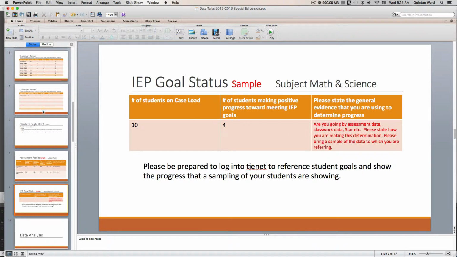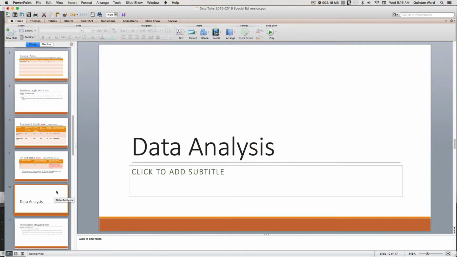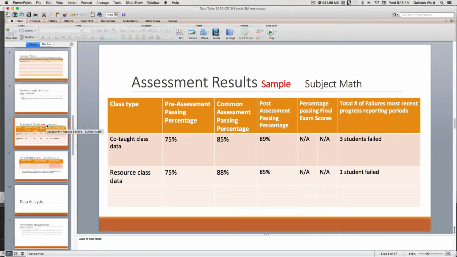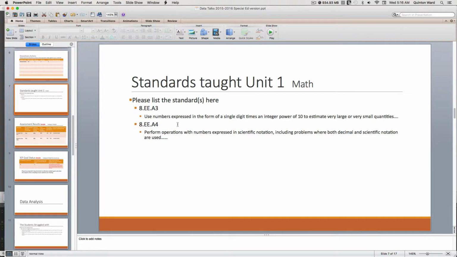Okay, all right. Now the teacher would then go into the data analysis based on the data that was collected during the pre-assessment, the common assessment, and post-assessment. The question is, what did they understand and what did they not understand based on these two standards that were presented during Unit 1?